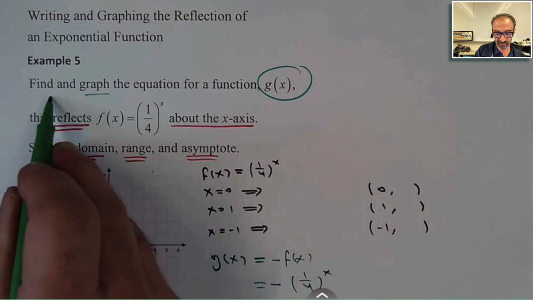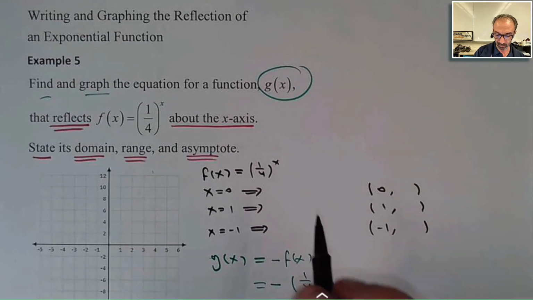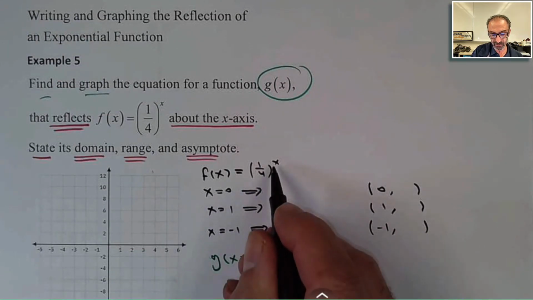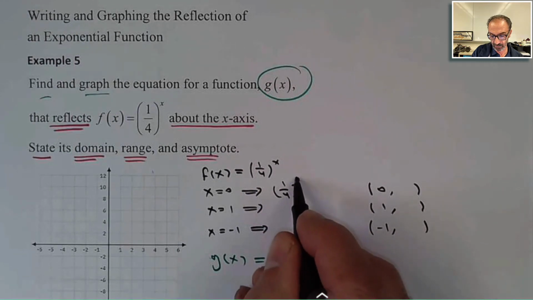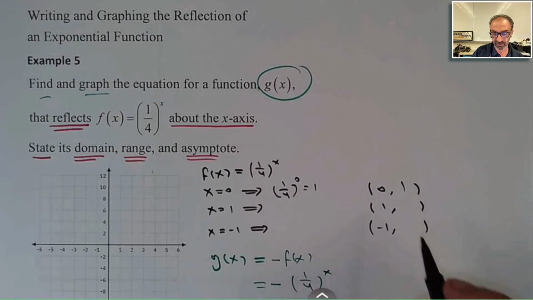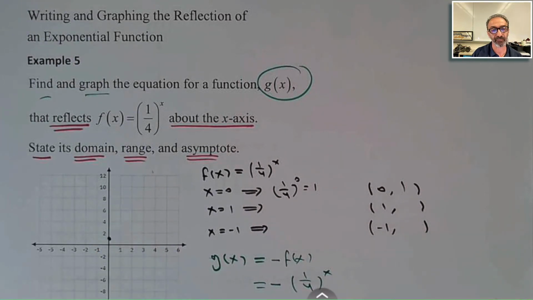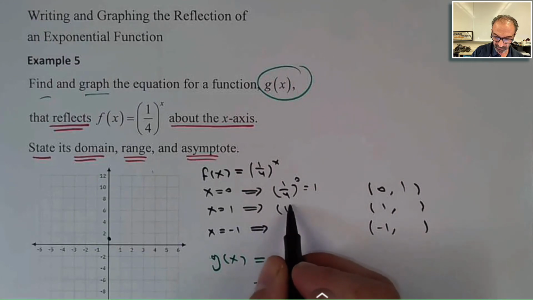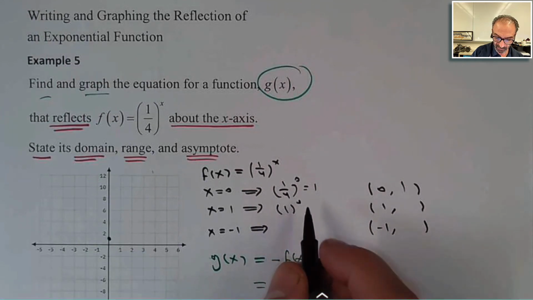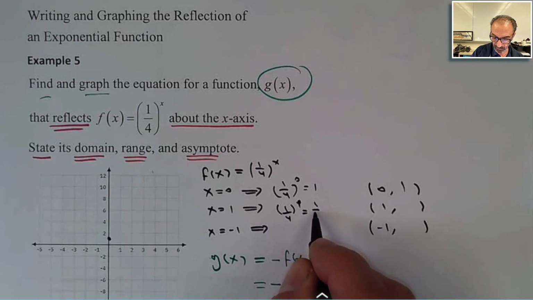We're going to find and graph. I found it, then we're going to graph it. Let's do some math first, quick. When x equals 0, 1/4 to the power 0 is 1. So 0 will take me to 1: 0, 1. When x equals 1, 1/4 to the power 1 is 1/4.